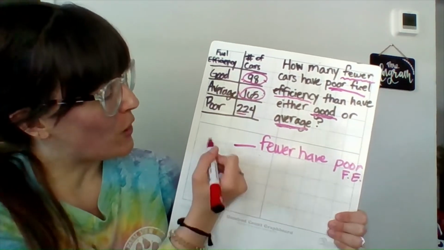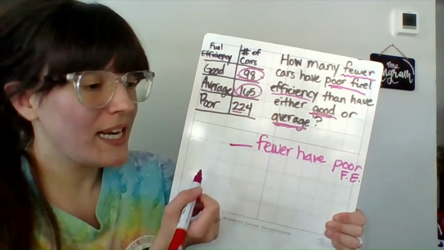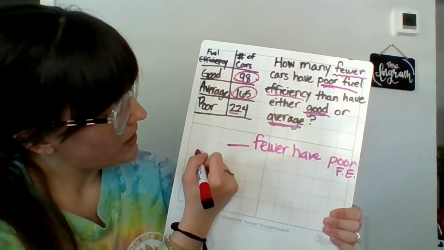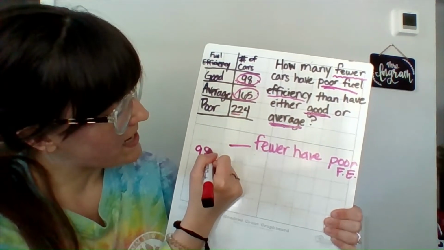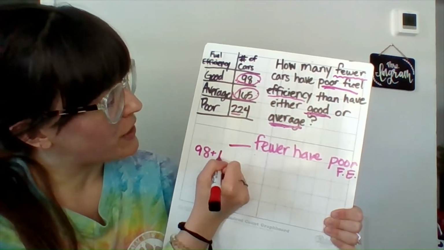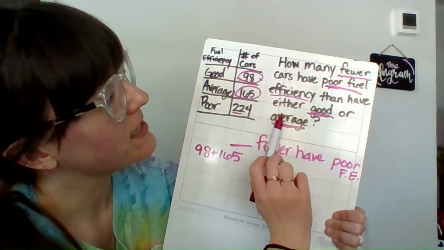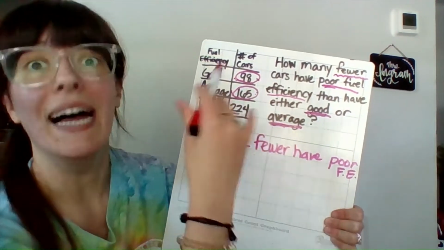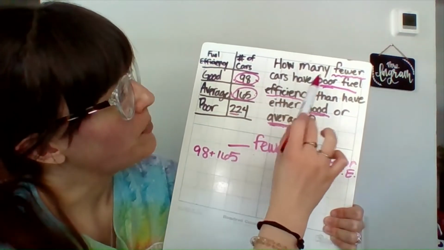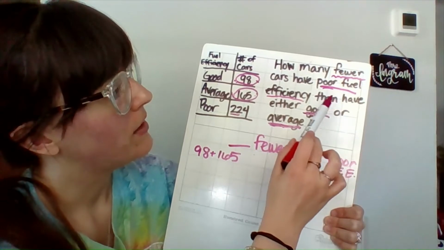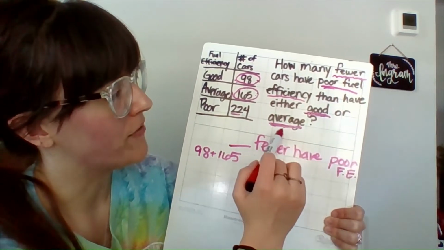Addition. So as I'm creating my number sentence, I know that I'm going to be solving 98 plus 165. Now next, I'm going to read my problem again, and it says how many fewer have poor than have either good or average.